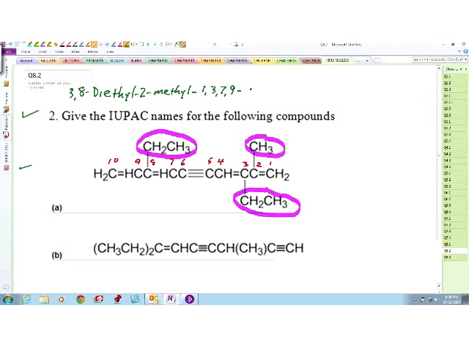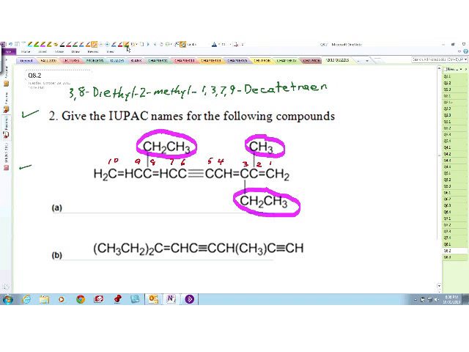Then we say deca. Keep in mind this is coming from decane, so you remove the NE since we have multiple bonds. Deca, tetra. Ordinarily it would be tetraene if we do not have the triple bond. Now that we have the triple bond, we remove the E ending.